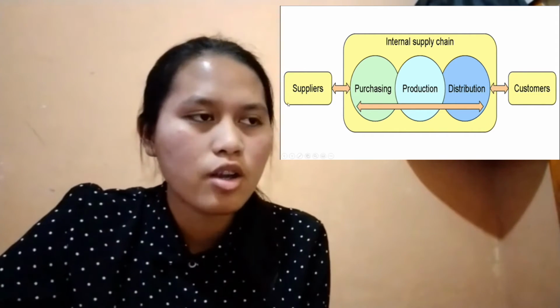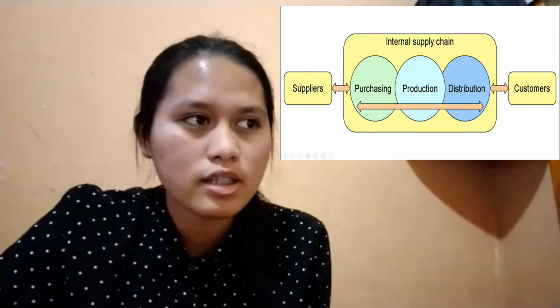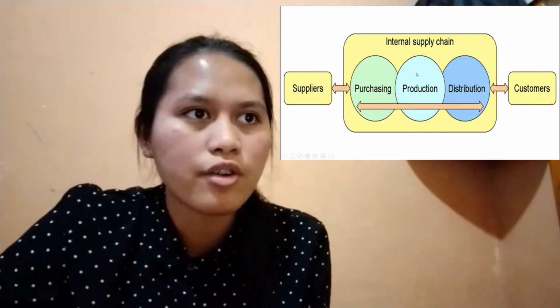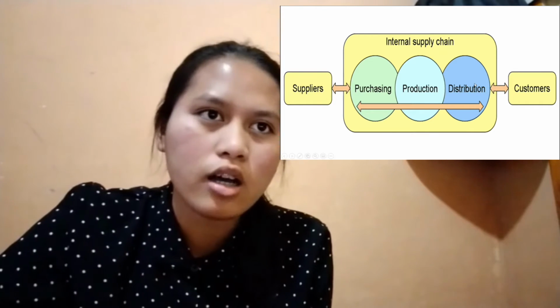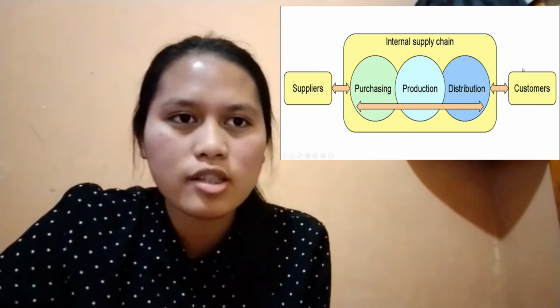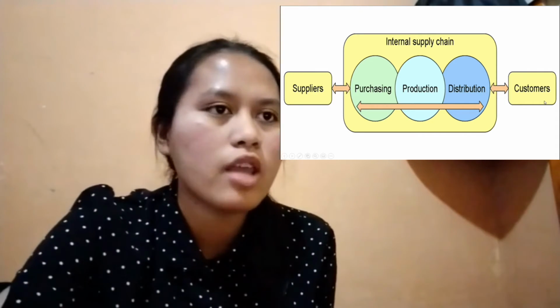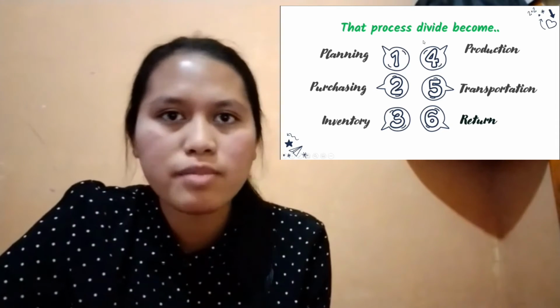There are suppliers who supply the raw materials and supporting materials, and they enter internal supply chains. They talk about purchasing, production, and distribution, and give an output like product or service to the customer.